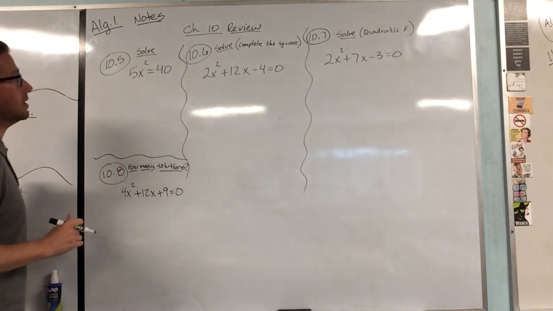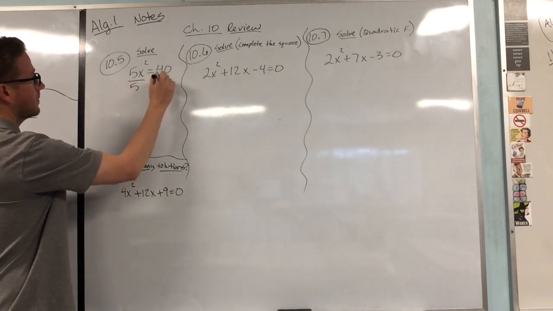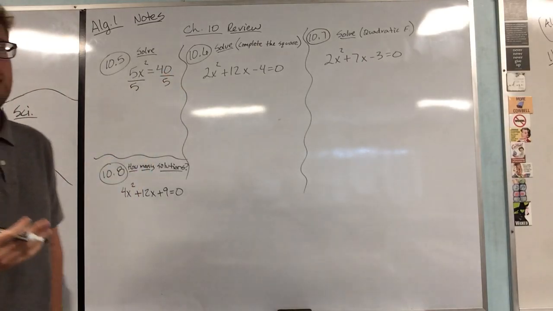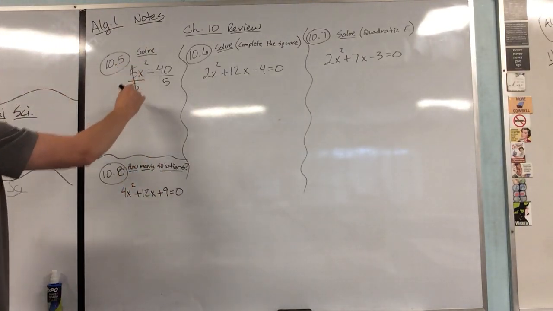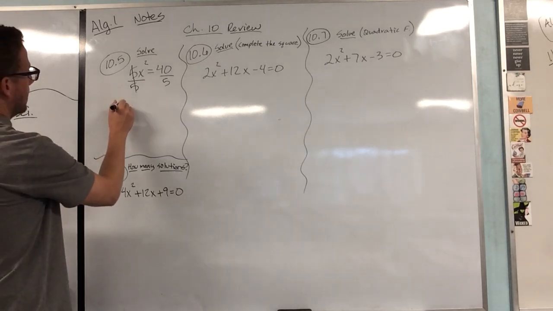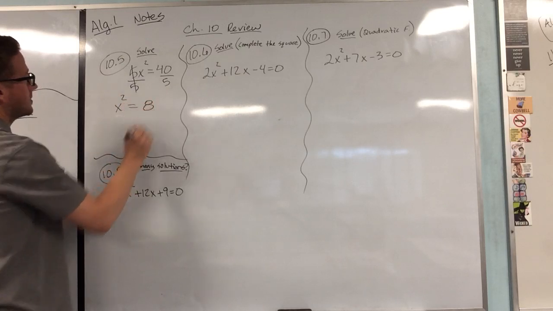To get x squared alone, the first thing we have to do is divide both sides by 5. Dividing both sides by 5 allows us to cross out that 5, and then we reduce this down and get x squared equals 8.